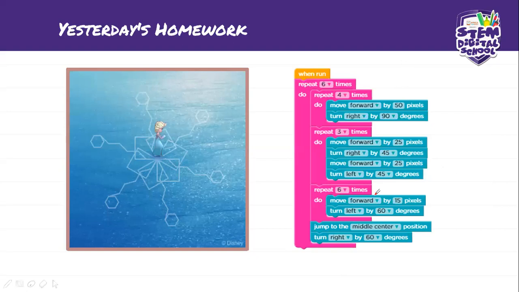So the first thing that we did is this part over here. That's our first part, and it is something that we are going to repeat 4 times, but let's see what it is actually that we are repeating. Move forward by 50 pixels, and remember pixels are the small little squares or dots on a display or picture.